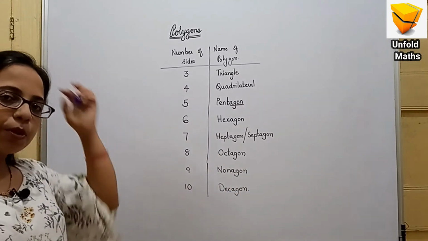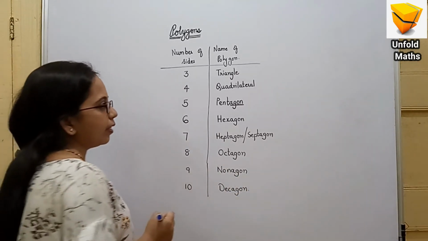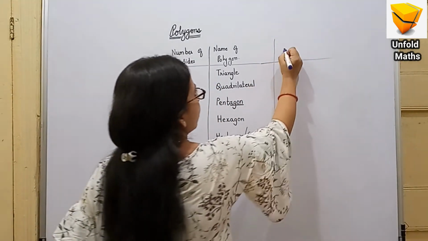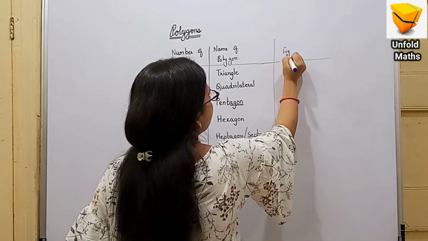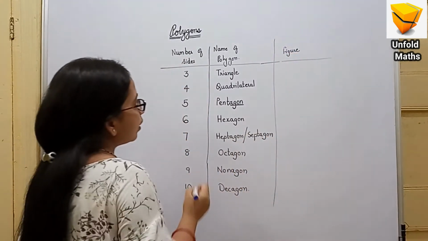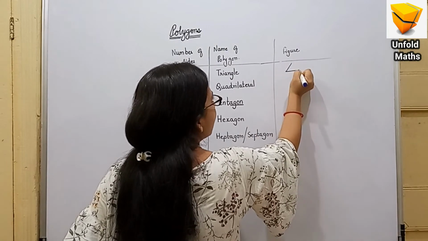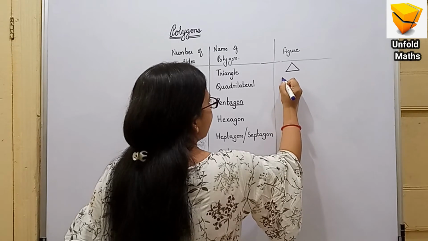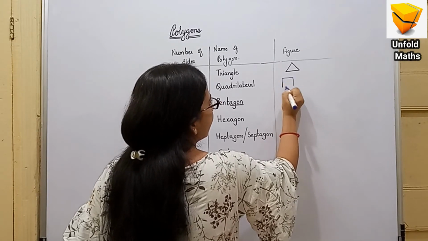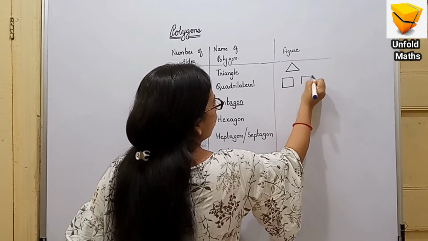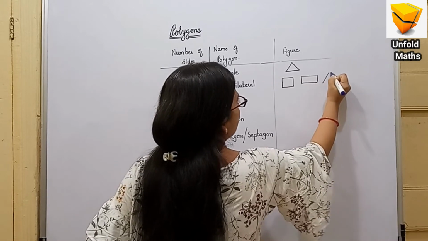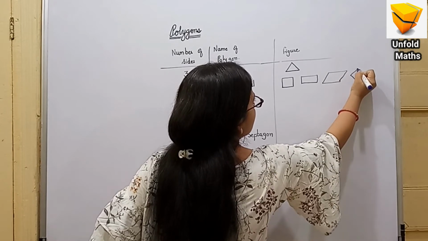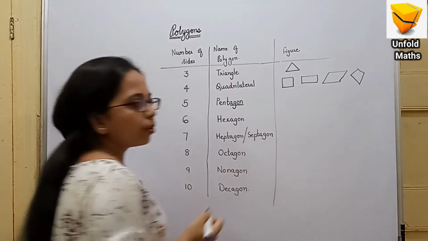So now I will show you how to draw these figures. Triangle. We all are familiar with this shape. Quadrilateral, as I have mentioned earlier, can be a square or a rectangle or a parallelogram or a kite and so on.